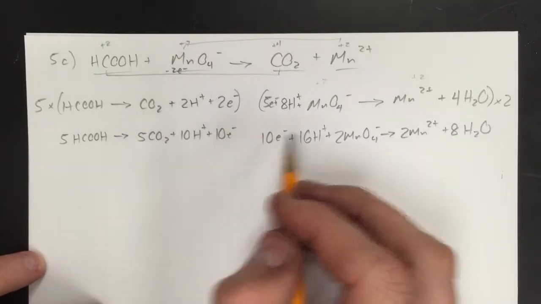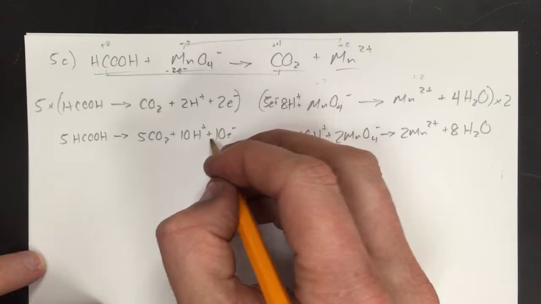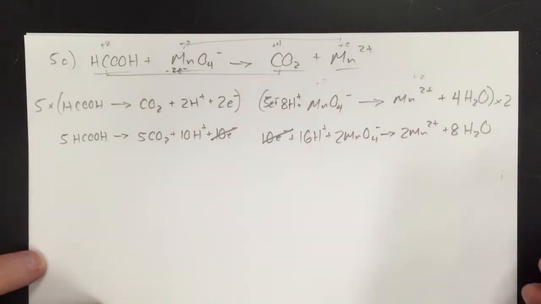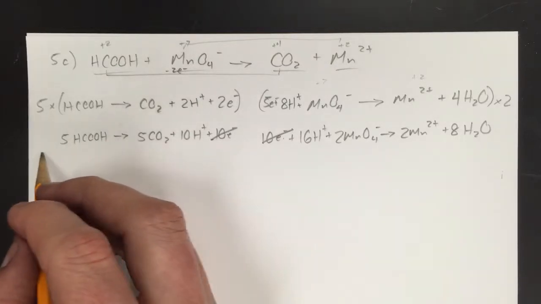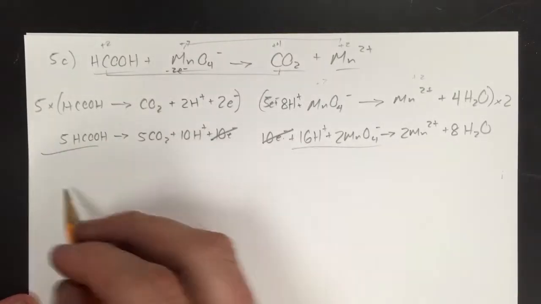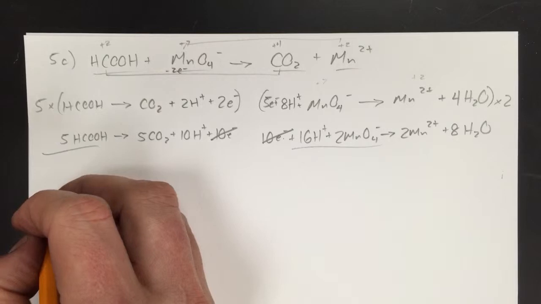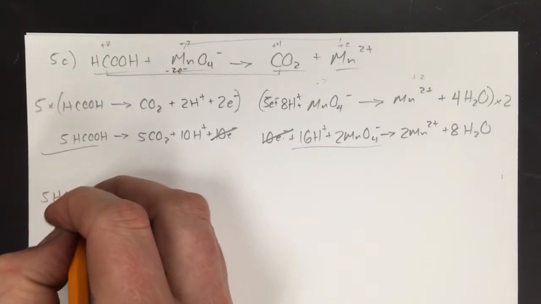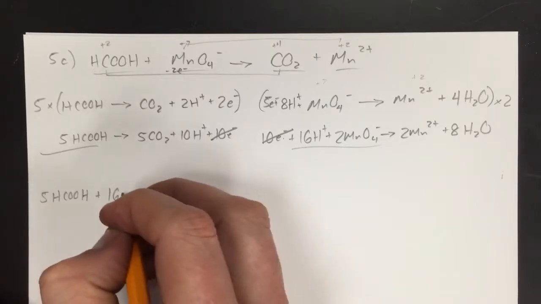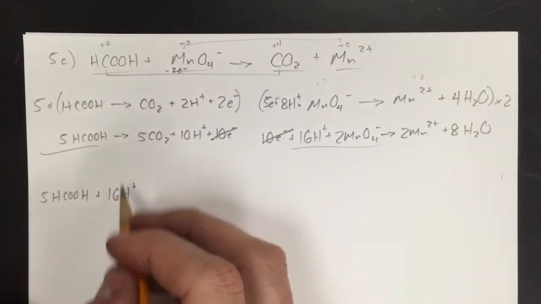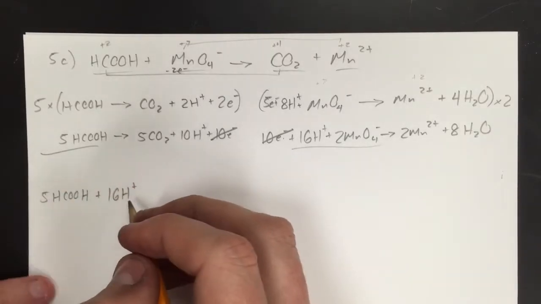Even before we rewrite this, we can cancel out the electrons. They're the same, they're in the reactants and the products, so we can cancel those out. Now we're going to write everything on the reactant side over here. We start off with our 5 HCOOH plus, and it doesn't really matter what order you write them in, and some people insist that you have to write the hydrogens first, whatever, I don't care.